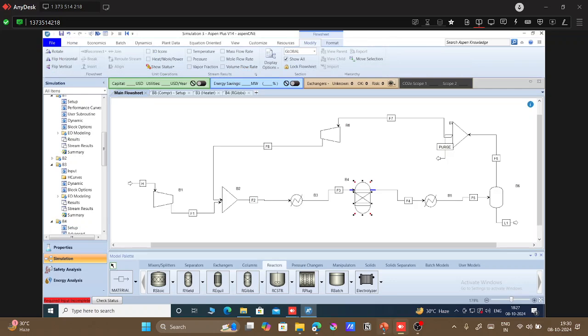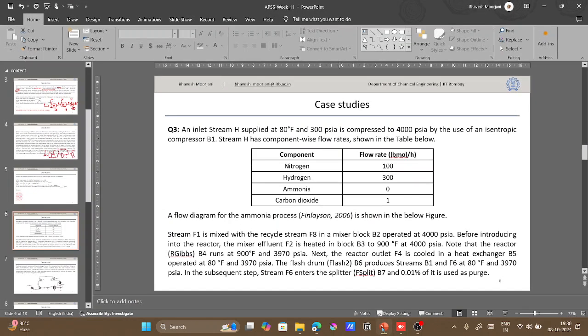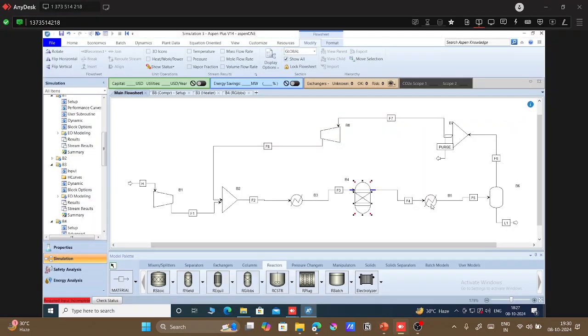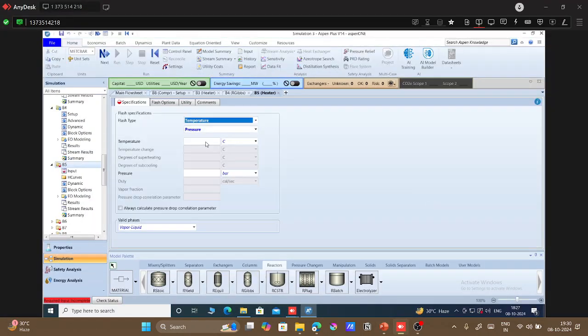Now what other information we have to provide is that the reactor outlet is cooled to 80 degree Fahrenheit at 3970 pressure. So again, 0 pressure drop in the heat exchanger.